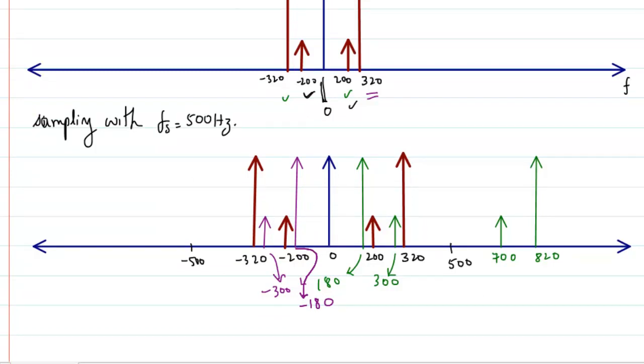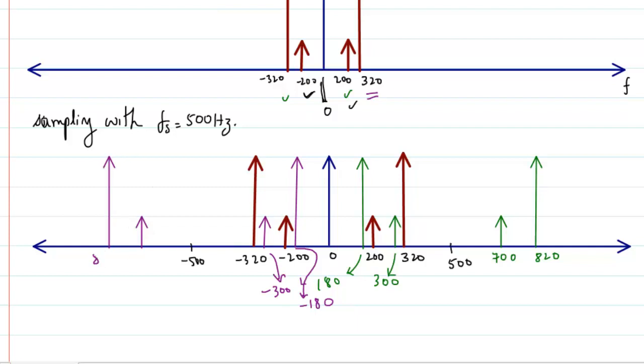Okay, and then the other side I will have, so minus 500 minus 200, it will come at minus 700. So at minus 700 means I will get somewhere around here, a small one. And for minus 320 I will get again at somewhere here at minus 820. So let me write that.